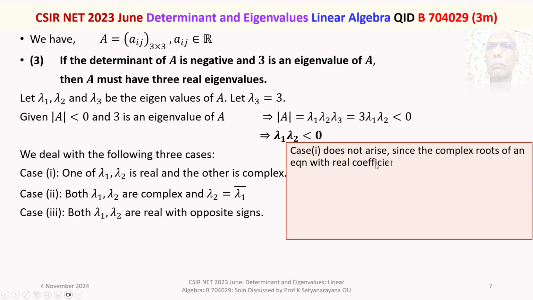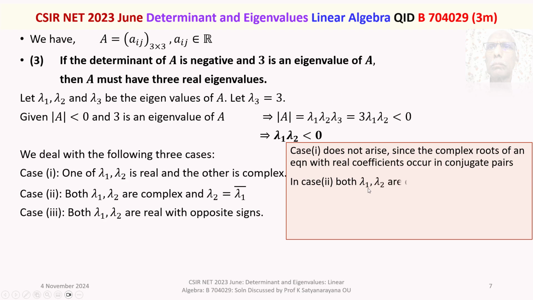Why? Because the complex roots of an equation with real coefficients occur in conjugate pairs. Therefore, one of them being real and the other complex does not arise. So if lambda 1 and lambda 2 are both complex, then they are complex conjugates.